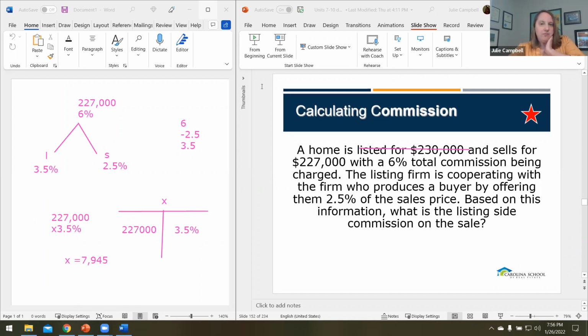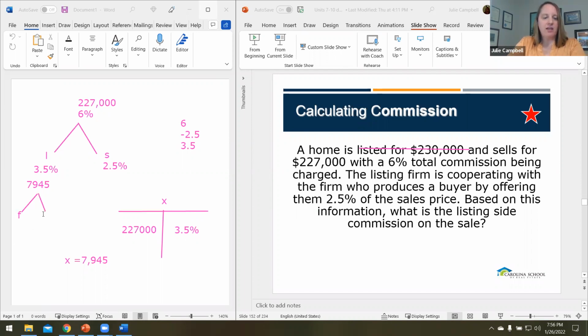Now, if the problem went on, I understand that it doesn't, but if it went on, now I would have a listing side commission of 7,945, and we would take that and split it between the firm and the agent.